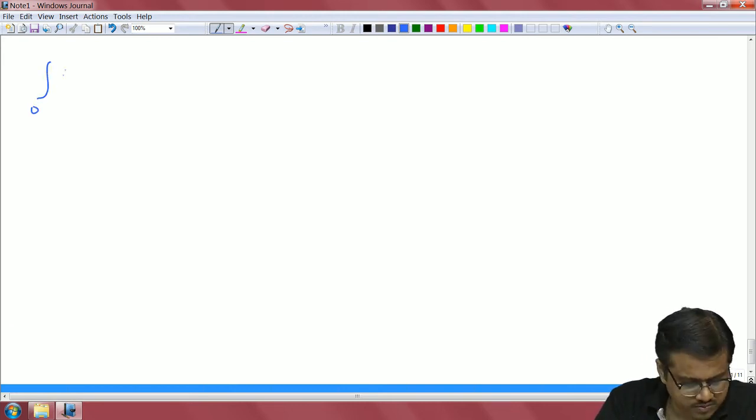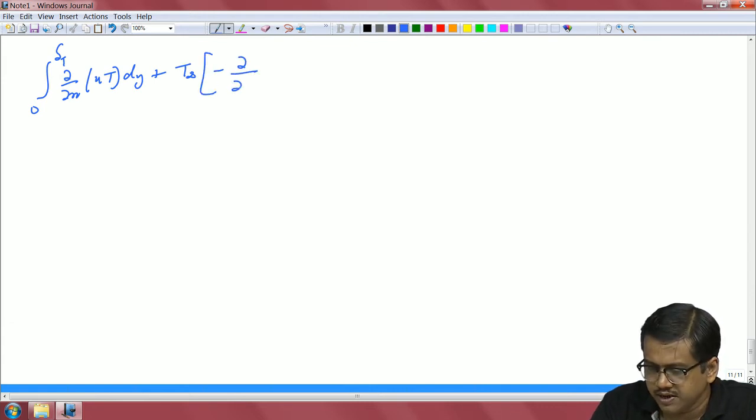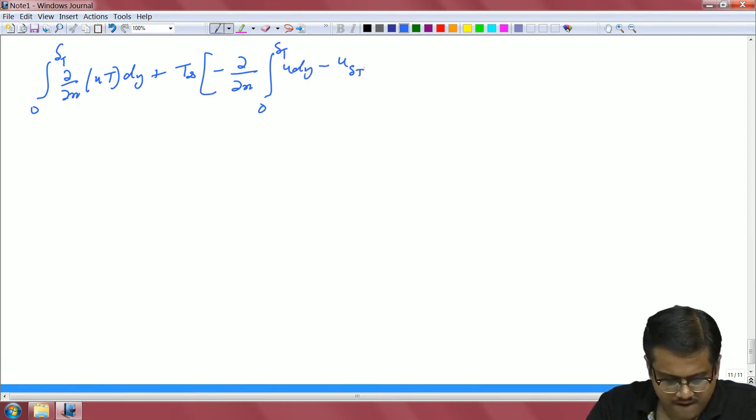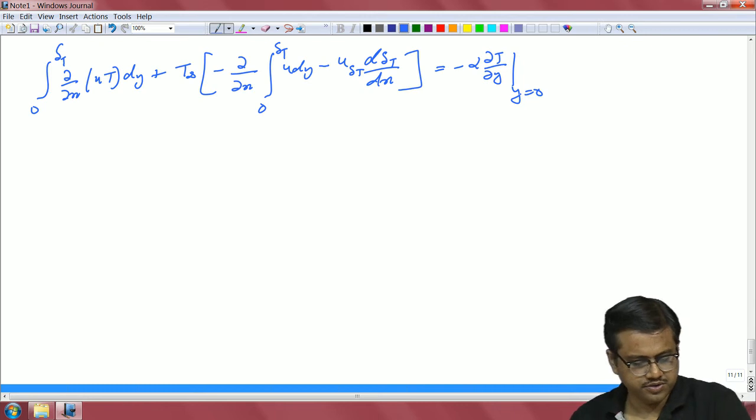The first term remains the same, plus T infinity minus d by dx, at y equal to 0.